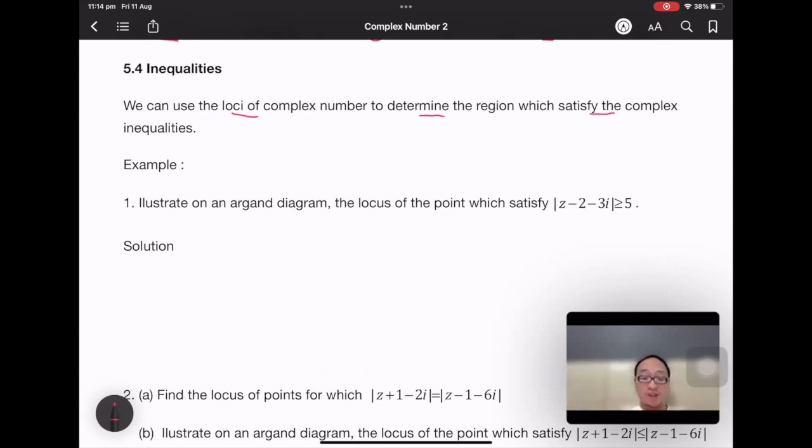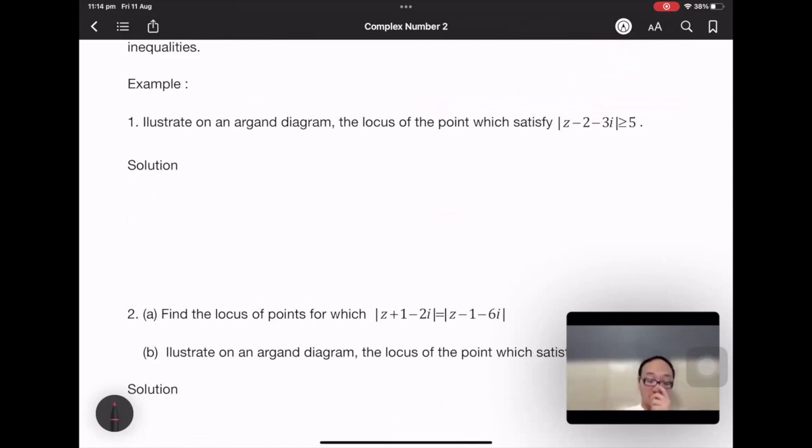For example, number one, illustrate on the Argand diagram the locus of the point which satisfies this. Here is modulus z minus 2 plus 3i greater than or equal to 5. So first we have to draw this as equal to 5.